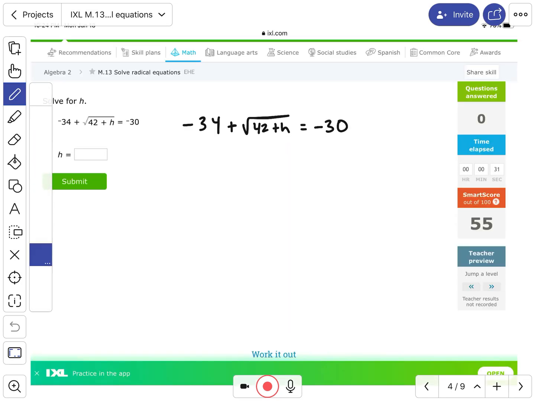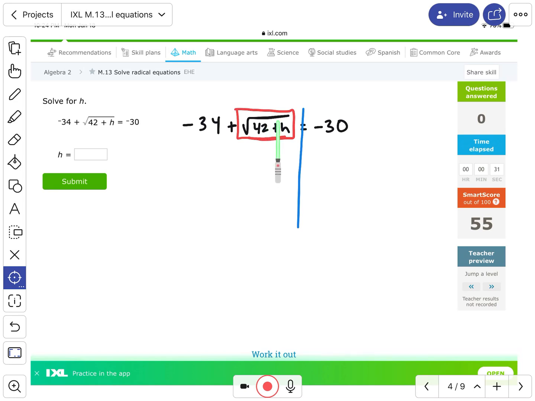Okay, so this is more difficult, but it sticks with the same principle. You're looking at all this here, and all this square root and everything with it being by itself. And it's not by itself on the left side because this negative 34 is there, so we got to move that over. So I'm going to add 34. And now we could rewrite this radical expression.